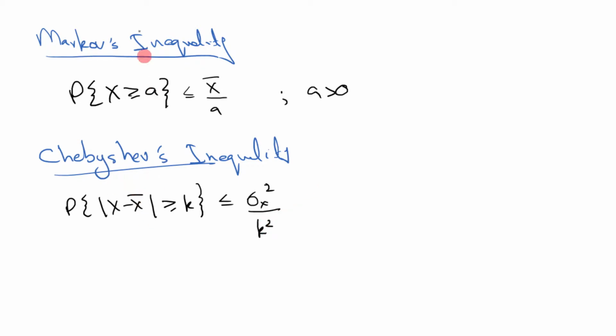Now for this Chebyshev inequality, let's suppose you have a density function whose curve is given as like this, and let's suppose its average is given here, which is x bar, and it has a spread or standard deviation of sigma x.